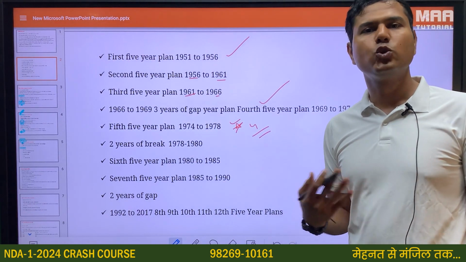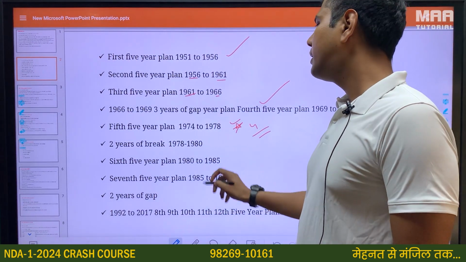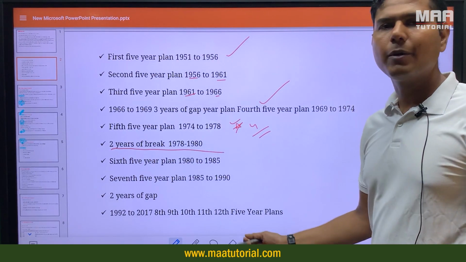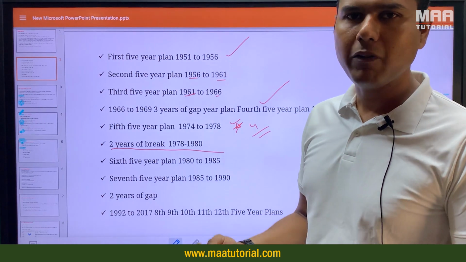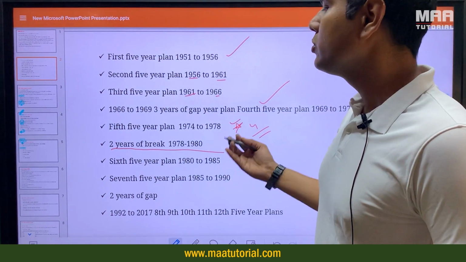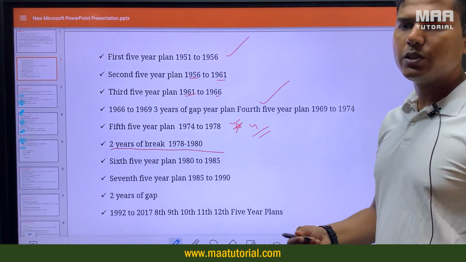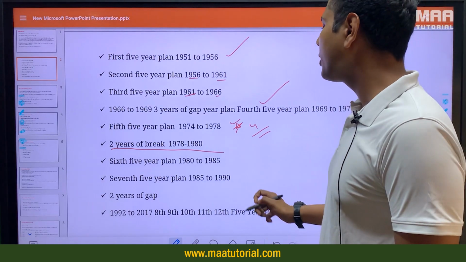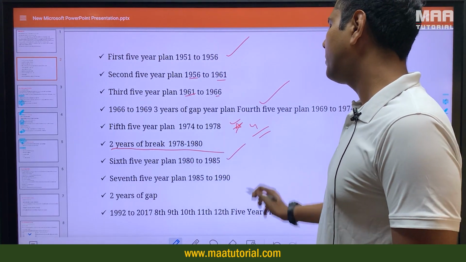We'll discuss the story of why it is a 4-year plan. Then again, there was a 2-year break, because another government came into power, and they felt that the 5-year plan is not the best way of planning. So other measures were taken for planning of the country, and there was no 5-year plan. Then again, the Congress government came in. They started the 5-year plan concept.